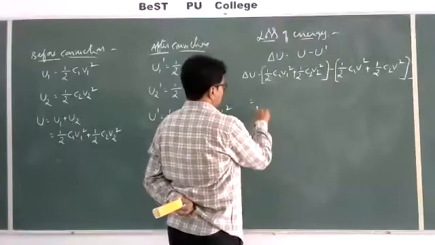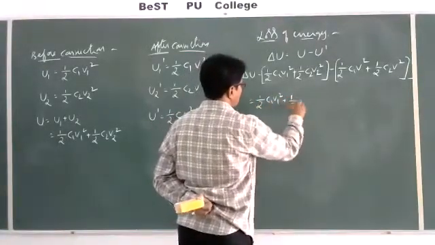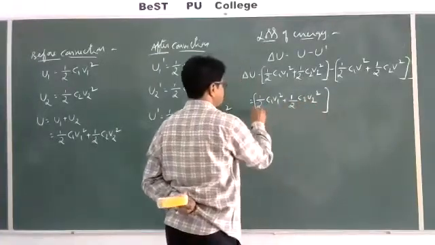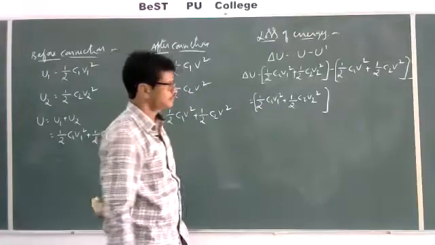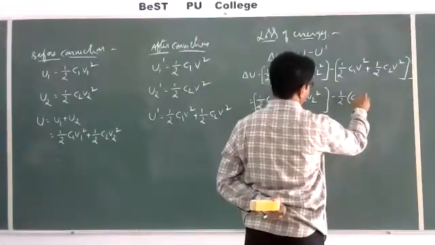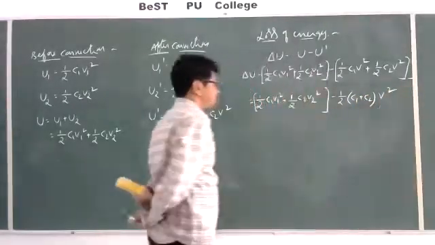Now, this is equal to half C1 V1 square plus half C2 V2 square minus half into C1 plus C2 into V square.